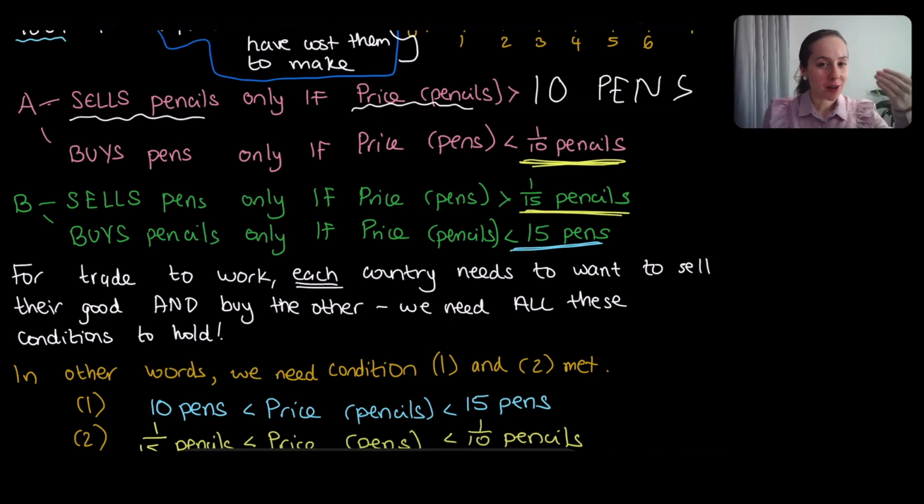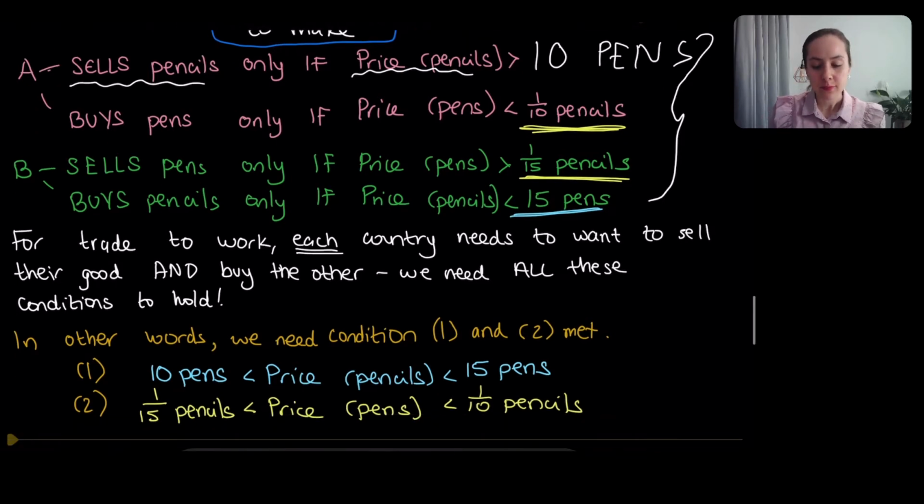But they also need to acquire the other goods, which basically means we need all of these 4 conditions to work all the time. Otherwise, these countries don't want to trade, because they could be better off just making pens and pencils themselves. So what I've done next is I've taken the conditions that tell us what the price of pencils needs to be.